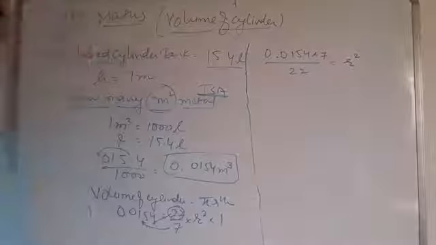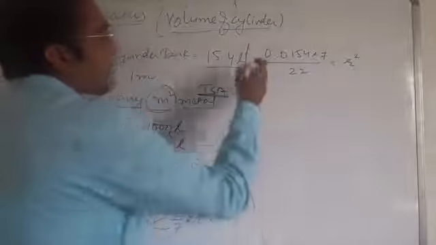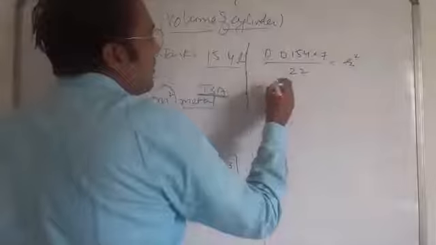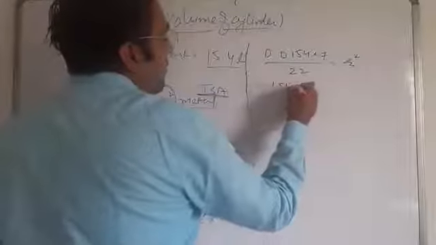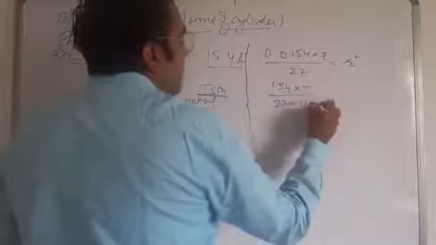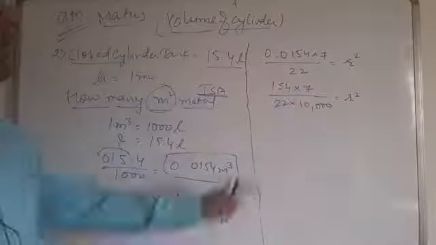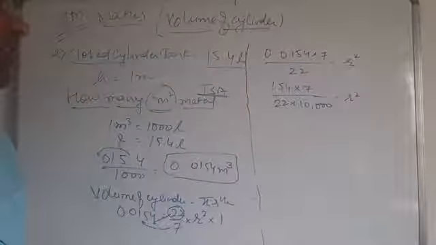Now I have to take the point from the question. So 154 into 7 upon 22 into 10,000, because I have taken out the point from the 154.